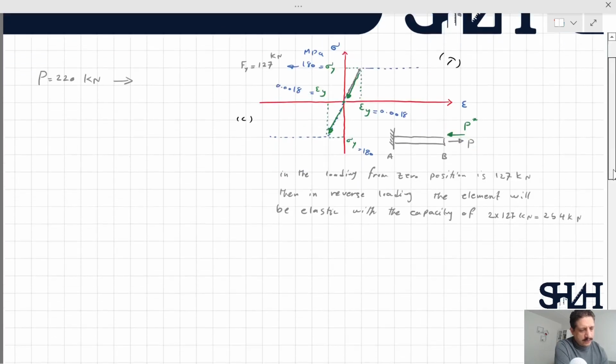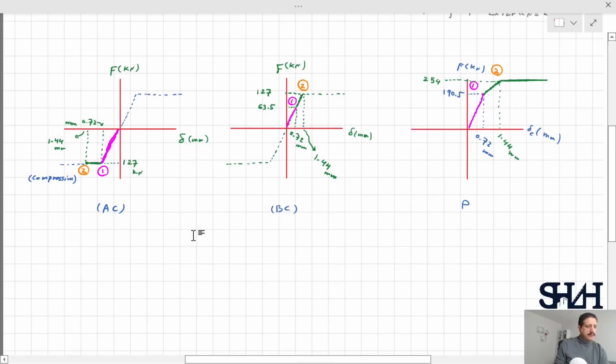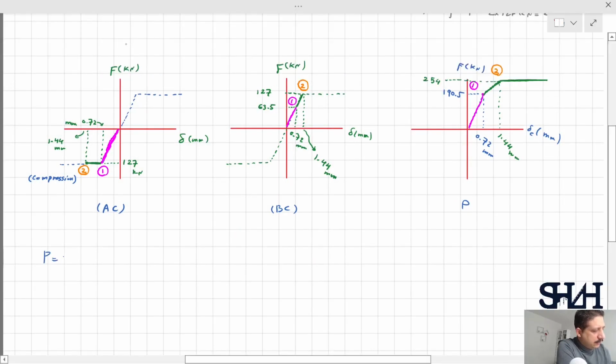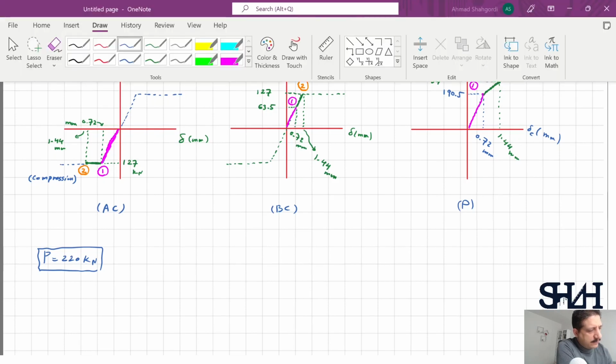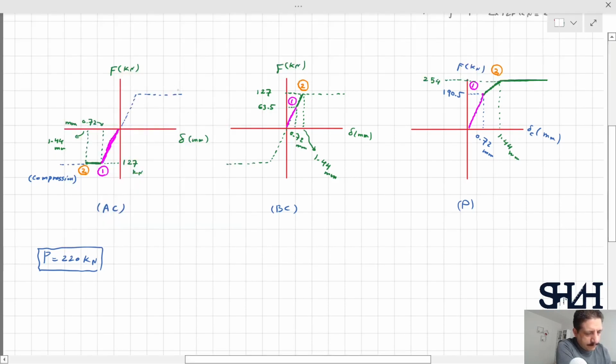Now we can continue to solve our question. So now force in this element is going to be 220 kilonewton. And from the P graph, we can see that we are somewhere here.